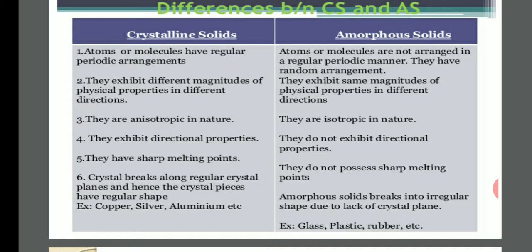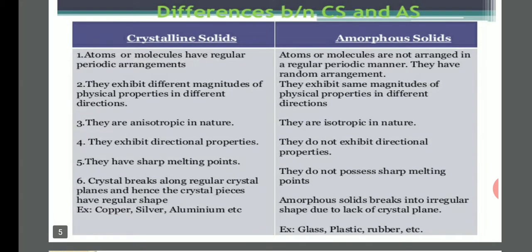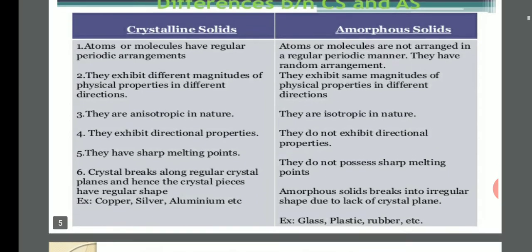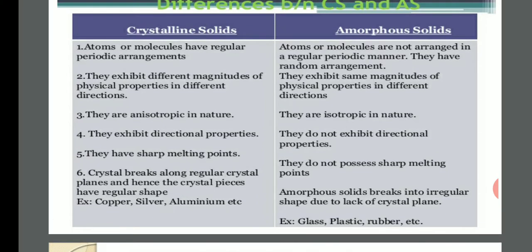Crystalline solids exhibit different magnitudes of physical properties in different directions, but amorphous solids exhibit the same magnitudes of physical properties in different directions. Crystalline solids are anisotropic in nature; amorphous solids are isotropic in nature. Crystalline solids exhibit directional properties, but amorphous solids do not.